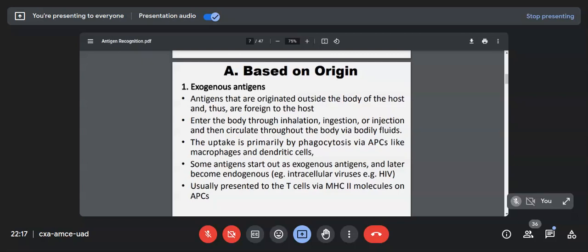I'll use an example. I'm sure we all have siblings. Then they give you, let's say, porridge. They give you porridge. Then you think of yourself as a macrophage. So let me say it again.